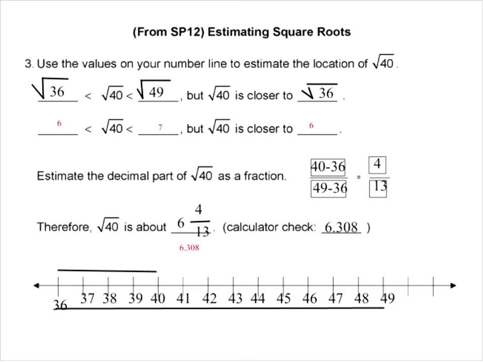And if you punch in the square root of 40 on the calculator, rounded to 3 decimal places, it is about 6.325. Is that clear? Does that make sense, everybody?